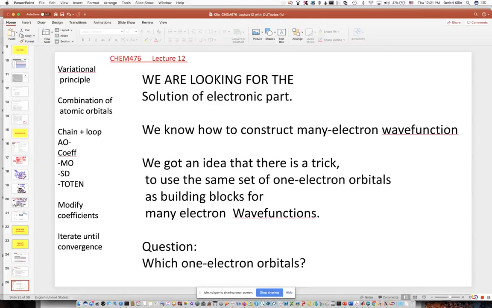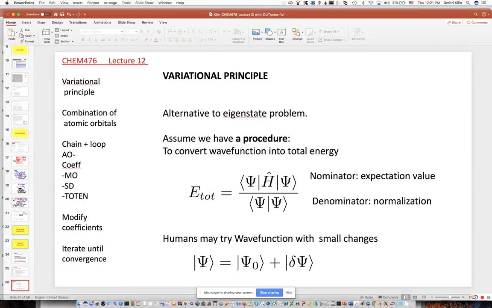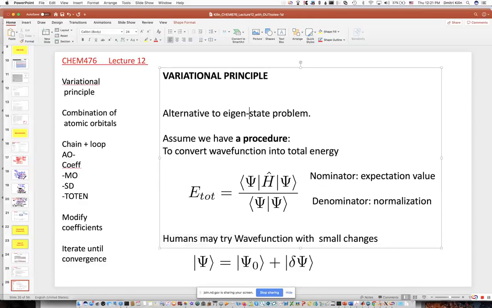So how to find the total energy of the multi-electron system if we already know the multi-electron wave function? We do need to practice the expectation value of the Hamiltonian.